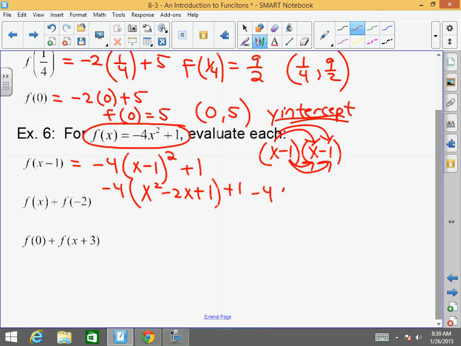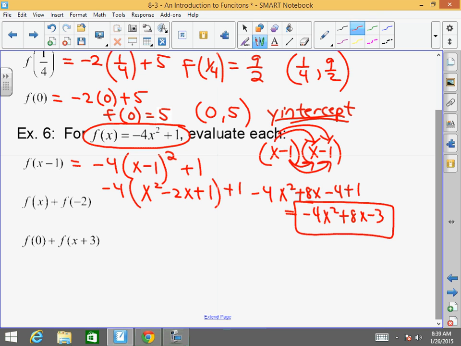So I've got negative 4x squared plus 8x minus 4 plus 1. So f of x minus 1 equals negative 4x squared plus 8x minus 3. And you just leave it like that, of course. Does that make sense, boys?